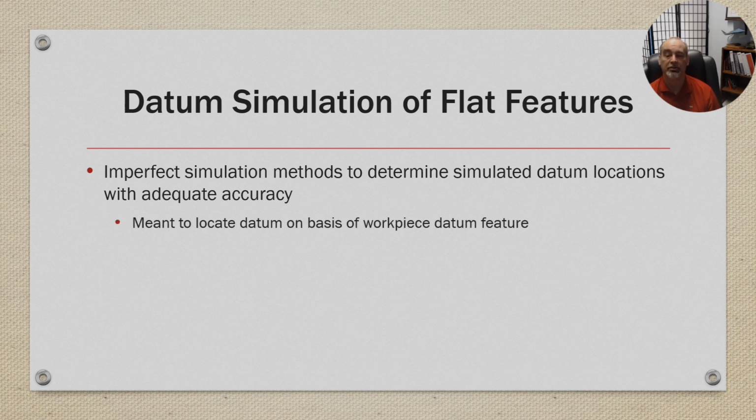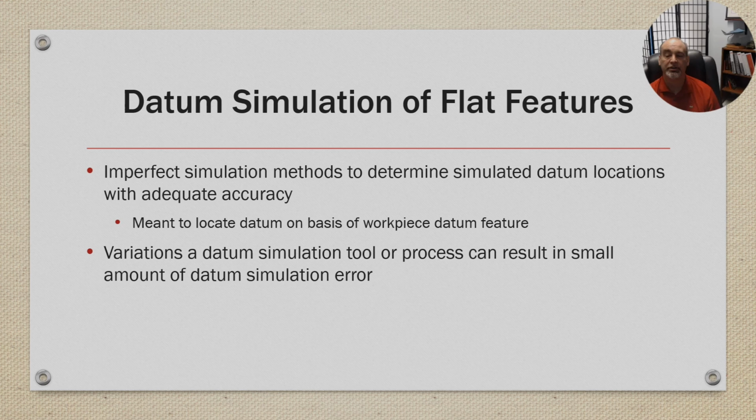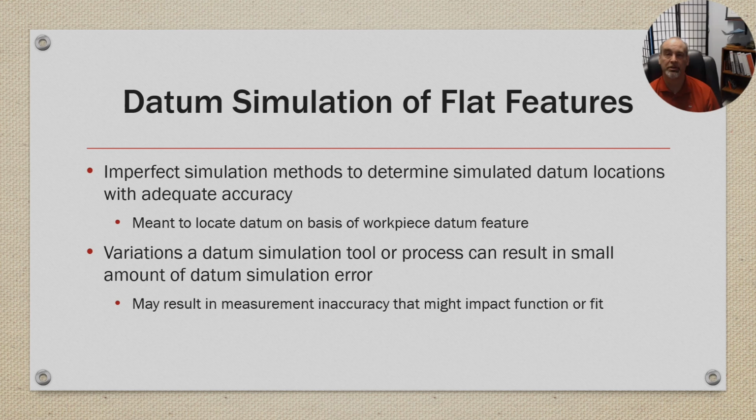And it's meant to locate a datum on the basis of a workpiece datum feature. Variations on a datum simulation tool or process can result in a small amount of datum simulation error. It may result in measurement inaccuracy that might impact fit or function.